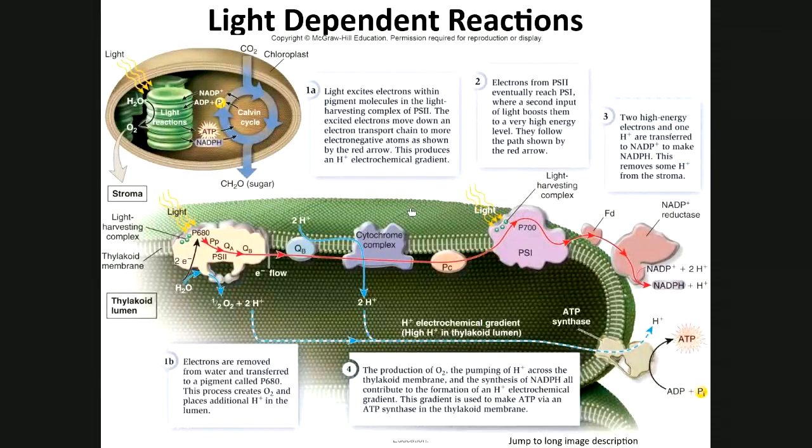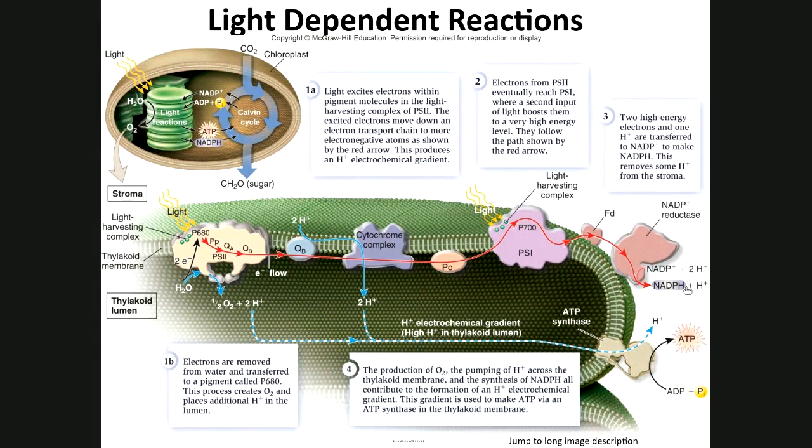Normally this is photosystem 1 right here. So normally what happens at photosystem 1, electrons are moved over and then they're received by NADP+, and then we're making NADPH. So this is called the non-cyclic cycle. In the non-cyclic cycle, electrons are moved on to NADP+, we're making NADPH.